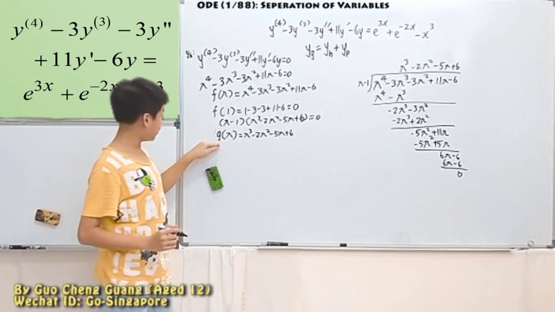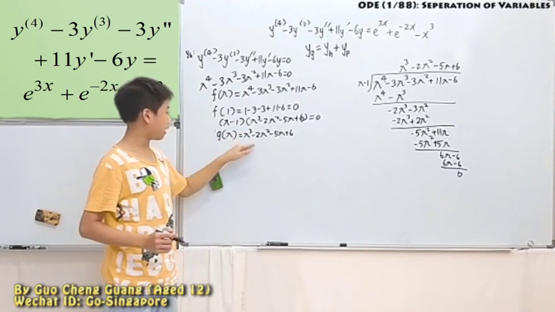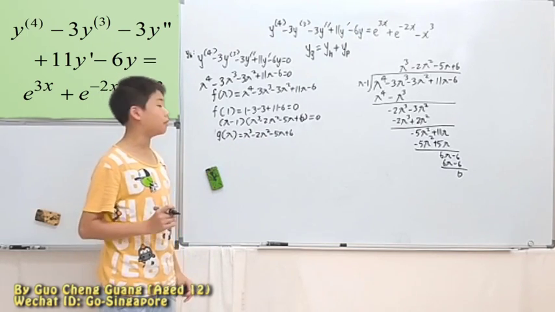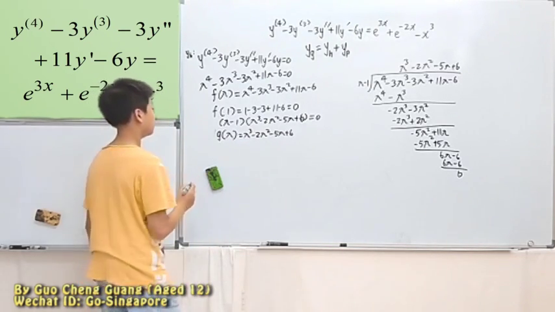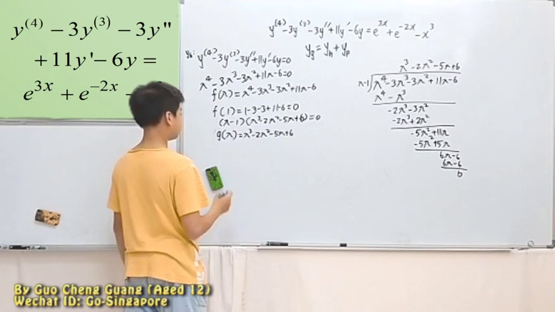G lambda will be lambda cubed minus 2 lambda squared minus 5 lambda plus 6. Then you have to try different numbers again.